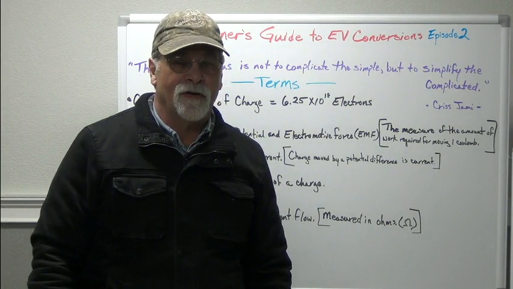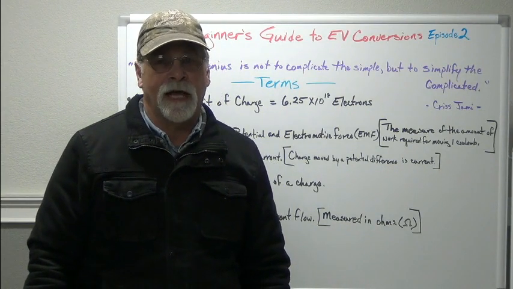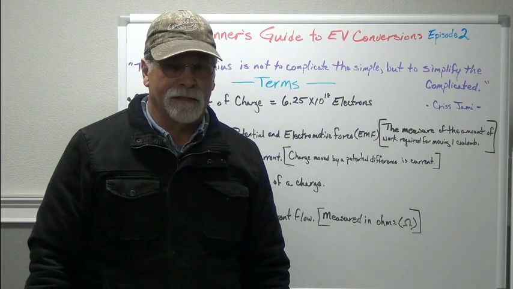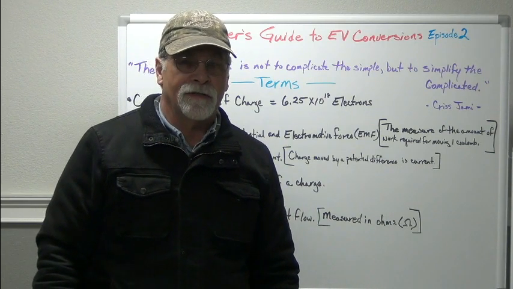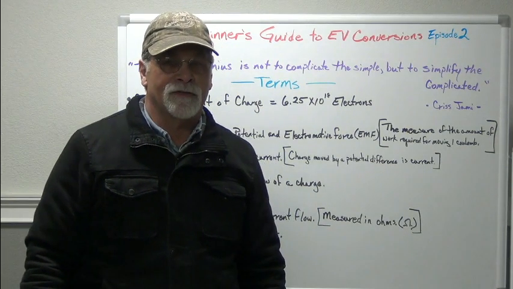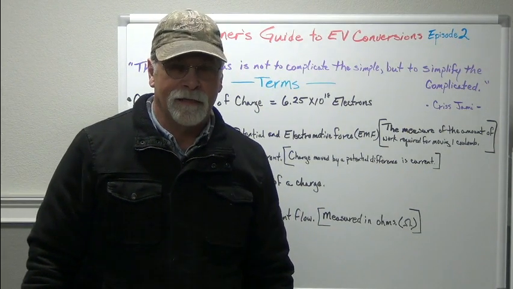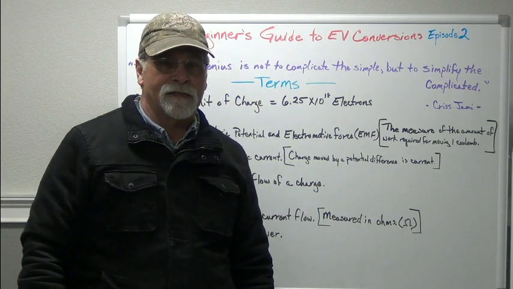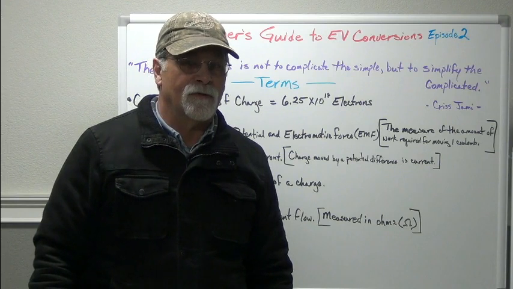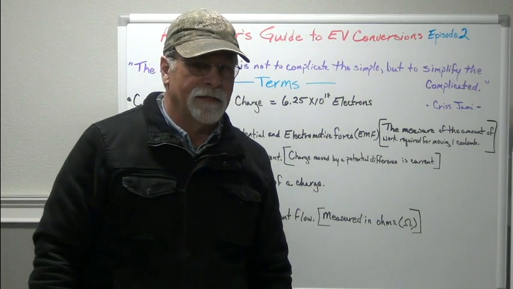And by doing so, you decrease the reliability and you increase the cost typically. So throughout this guide, we're going to stress simplicity, and we're going to stress doing things in a safe, simple, reliable, and affordable way.